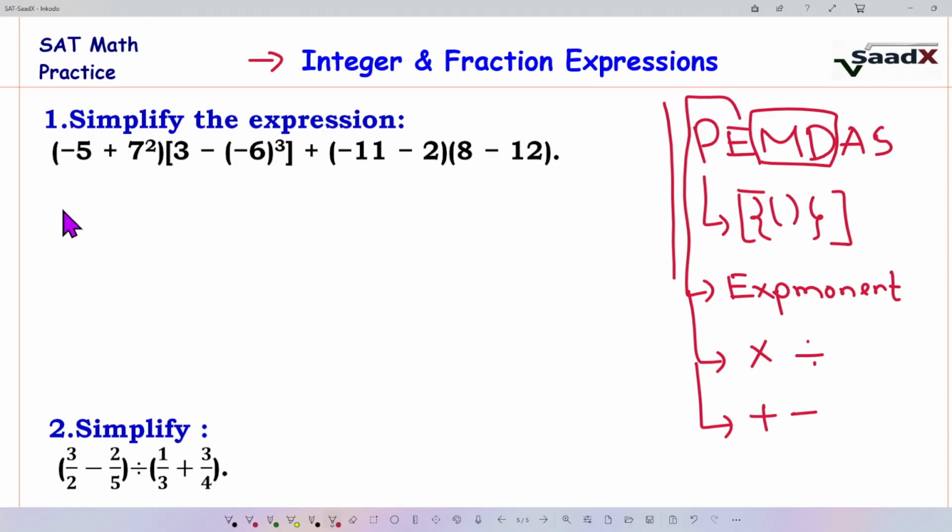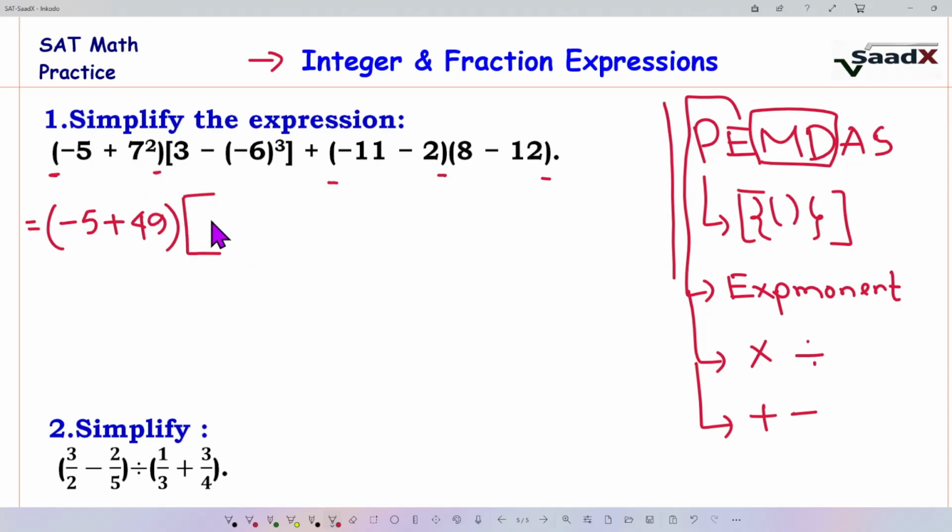So here we have to work first parenthesis, this one and this one. First here is minus 5 plus 7 square, and this is the exponent. So parenthesis, inside exponent, we have to work this one first. 7 square means 49.